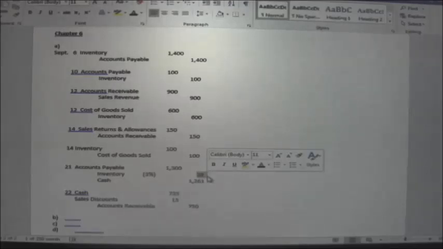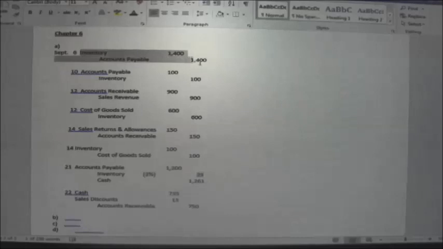And that's why you put it to inventory for the purchase. Because you're trying to get your inventory recorded at the cost, whatever it cost you. So initially it's $1,400, it's fine. We return something, okay, we owe them less. Now I'm going to pay it off.